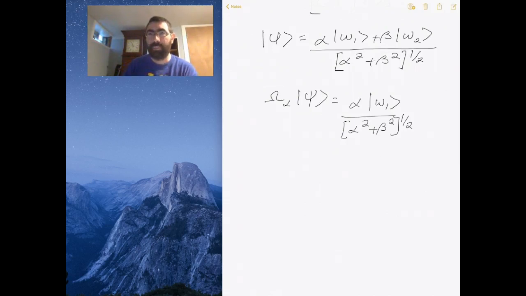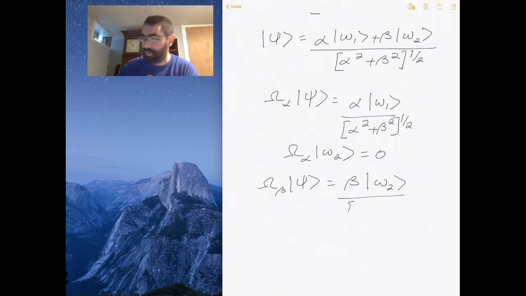We don't get beta because omega sub alpha acting on omega 2 gives me a 0. Or I could operate with a different operator that selects the second state. In this case, it would be beta times omega 2 divided by the normalization, like so.